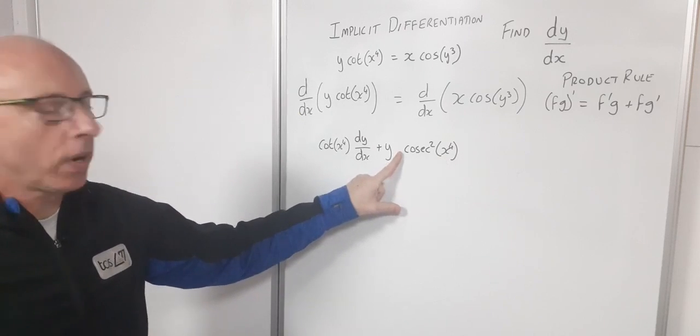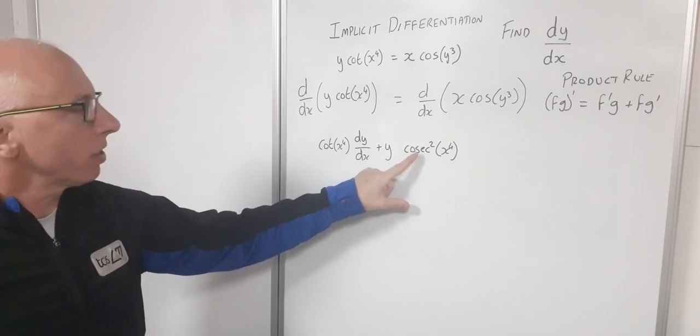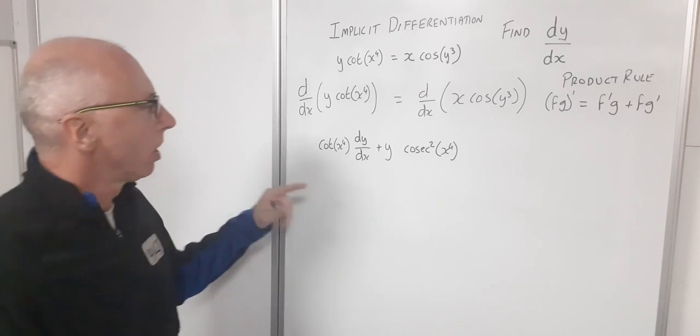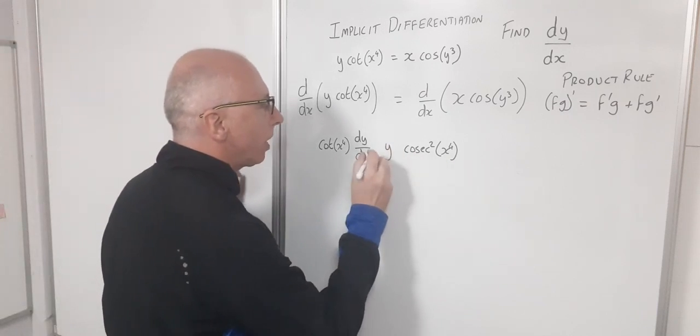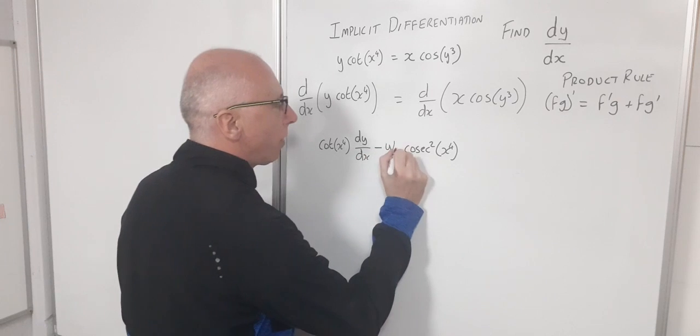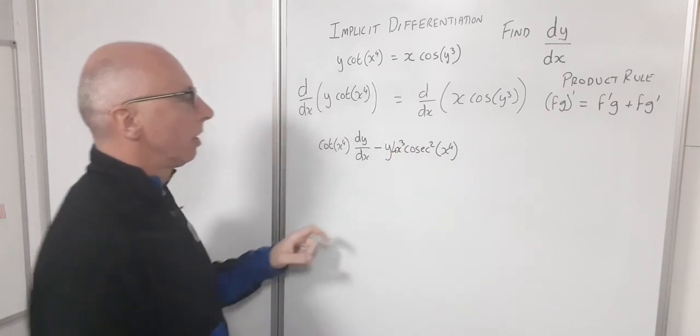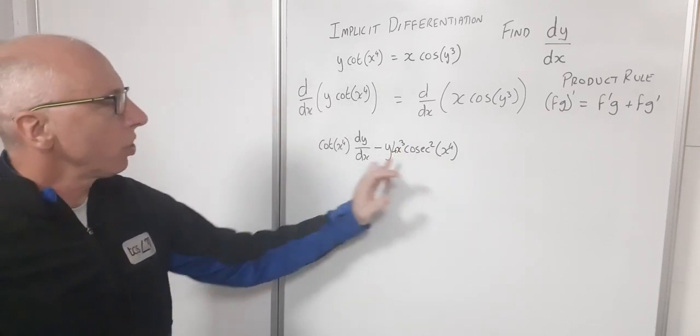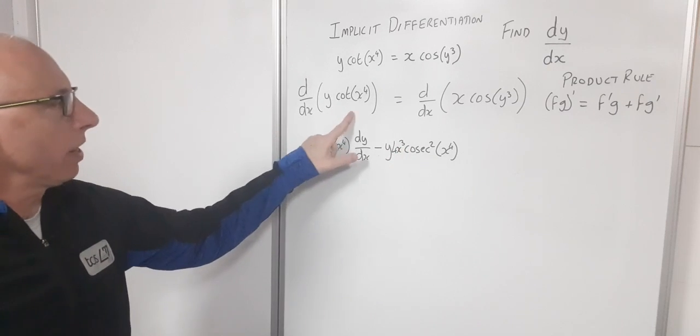So I need to write 4x cubed here and the minus sign from the derivative of cotangent. So I can now change this to a minus sign, so that'll take care of the minus, and I'm just going to write 4x cubed here. So I can rearrange that in a moment. That just shows what I've achieved by this side.